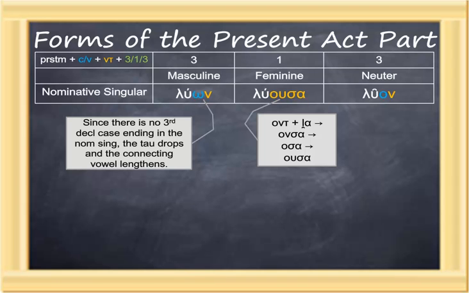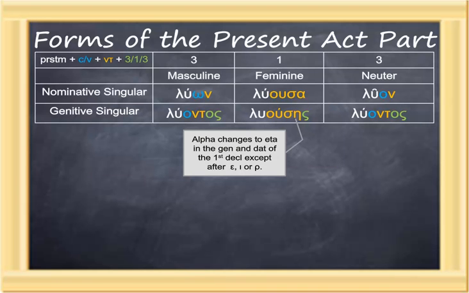The neuter nominative singular is luon. The genitive singulars are luontos, lousēs, luontos. Notice how in the genitive feminine singular, the alpha changes to eta. That's the rule. That always happens in genitive form, or in feminine forms of the first declension, except after epsilon, iota, or rho.